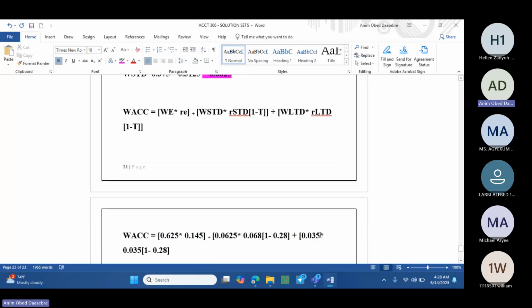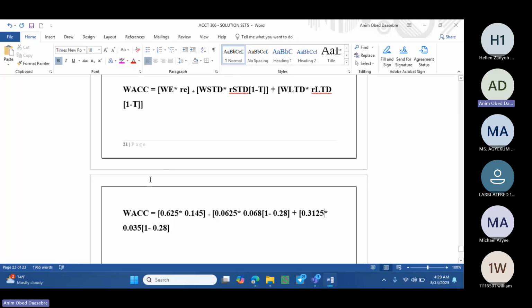No, this one is the wrong figure. 3125. Yeah, so now it's perfect. Someone should punch it and give me the final answer.